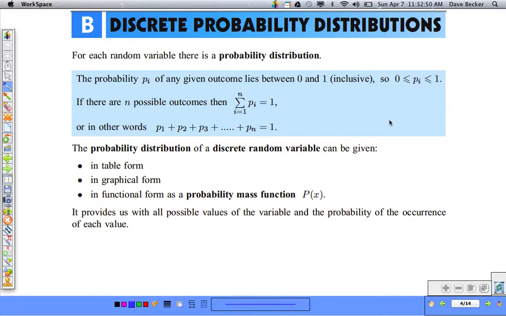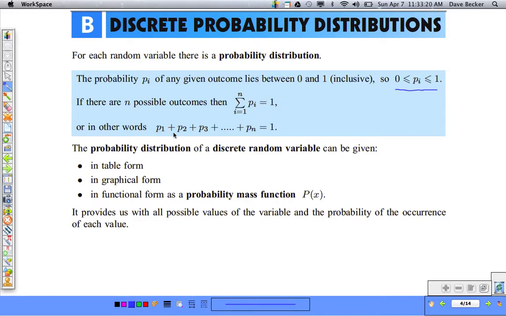A probability distribution is showing all of the possible probabilities of an event, the probabilities of each outcome, I should say. If we're talking about a particular event, each individual probability will be between 0 and 1 inclusive, and the sum of those probabilities from i equals 1 to the number of possible outcomes, little p sub i, must equal 1.